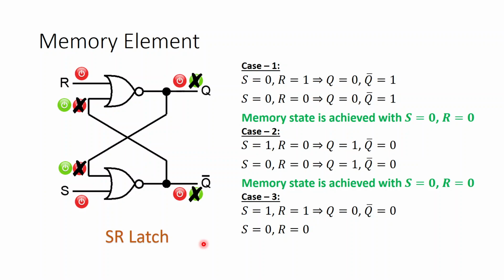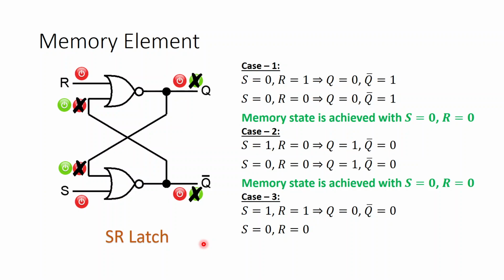right? The output again changes to 0 0, and again the output will come to the input, and again the output will change to 1 1. So this output keeps on changing from 0 0 to 1 1, 0 0 to 1 1. This output is unstable now.